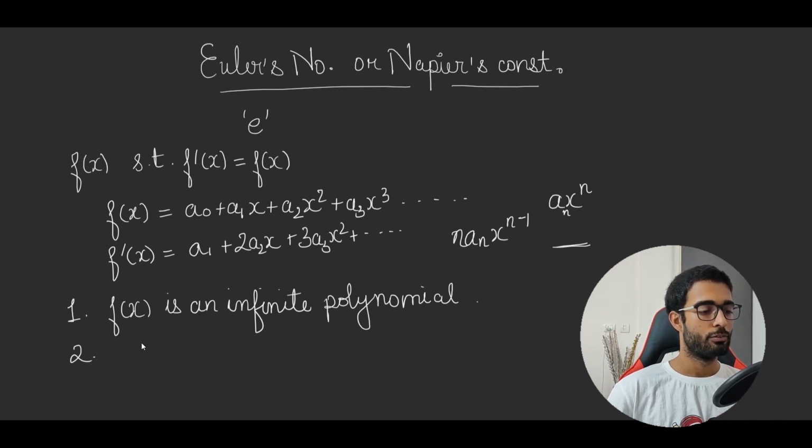So from the second we get a0 is equal to a1, a1 is equal to 2a2, a2 is equal to 3a3, and so on.